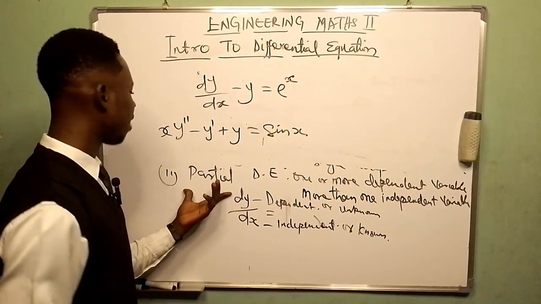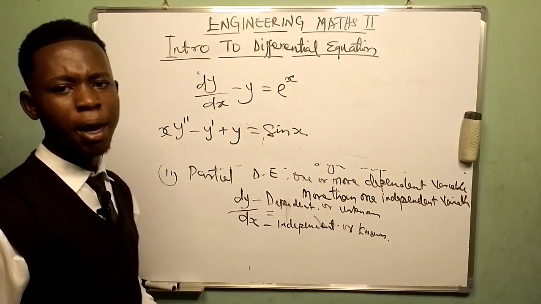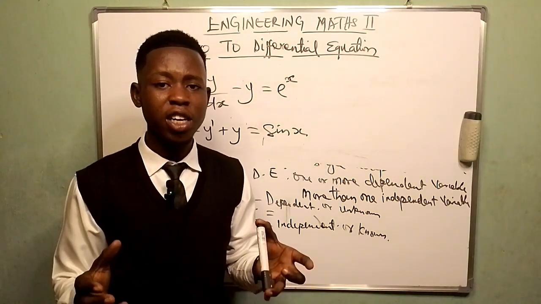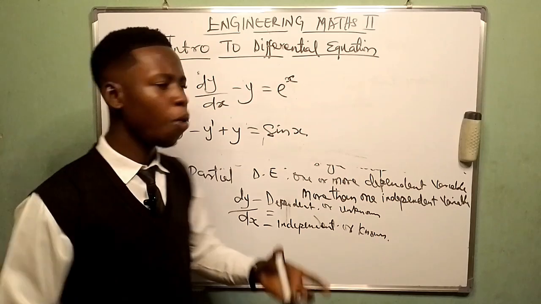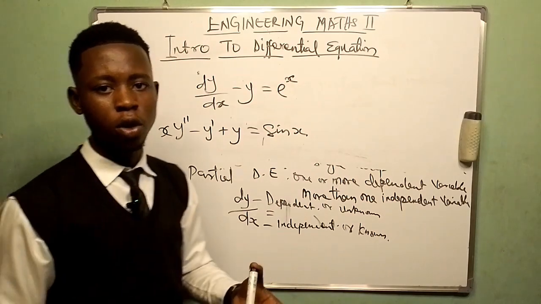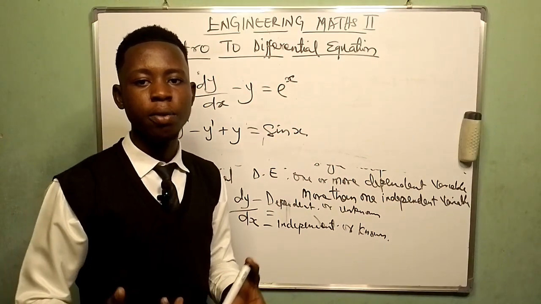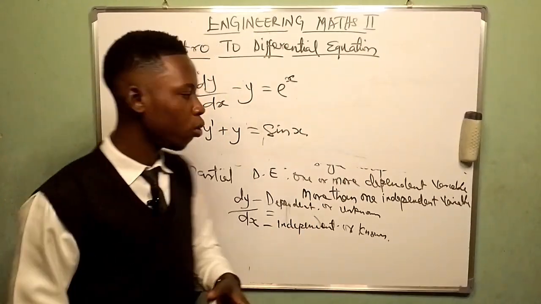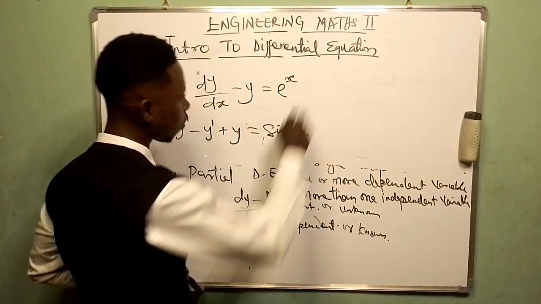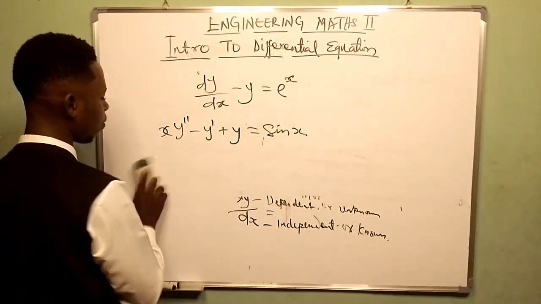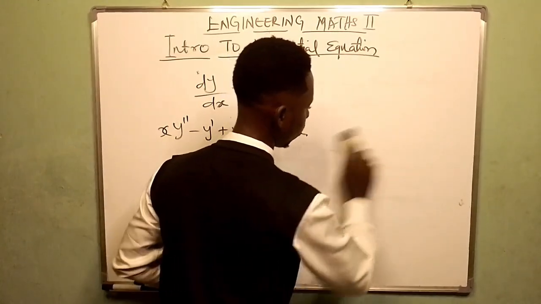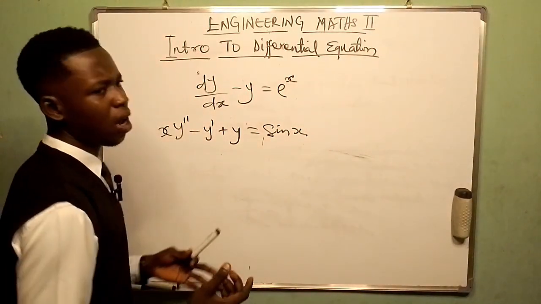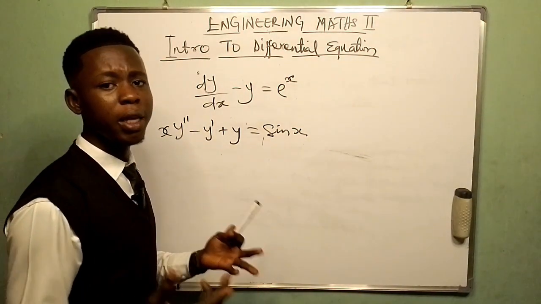Now how do we classify a partial differential equation? For you to know more about partial differential equation, it is not the opposite, but an additional independent variable to this. Let me elaborate. How do we know a partial differential equation?